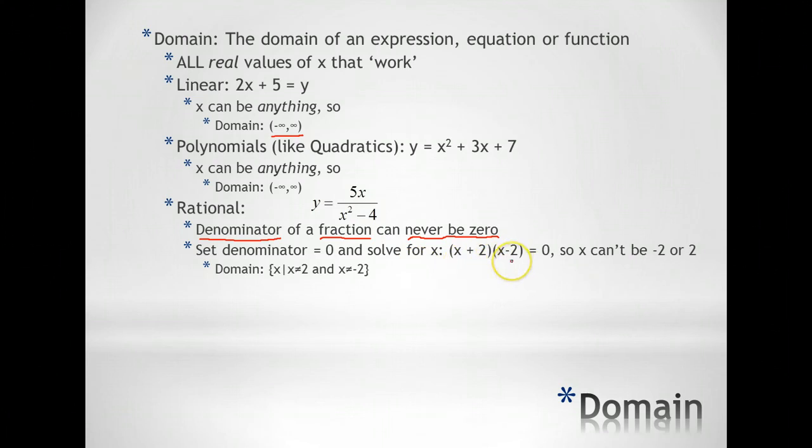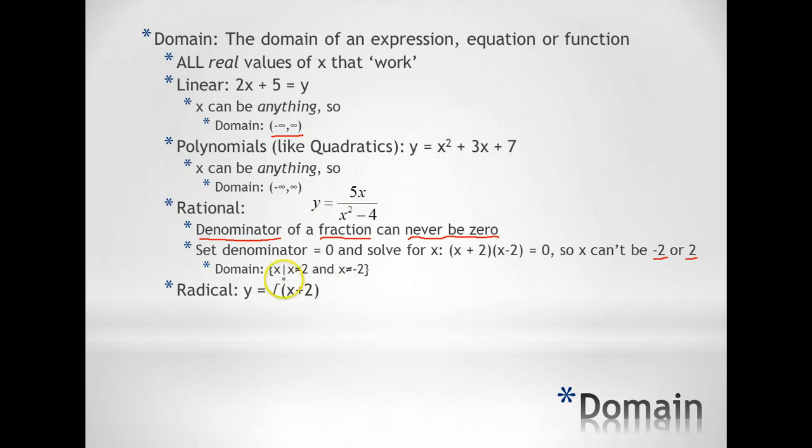Now, using the zero product property like we talked about in the previous section, I know that if the denominator is 0, x would have to either be 2 or negative 2. So writing this as a domain limitation, in set notation, I would say the set of all x such that x can't be 2 and x can't be negative 2. And it's implied then that x is all other real numbers.